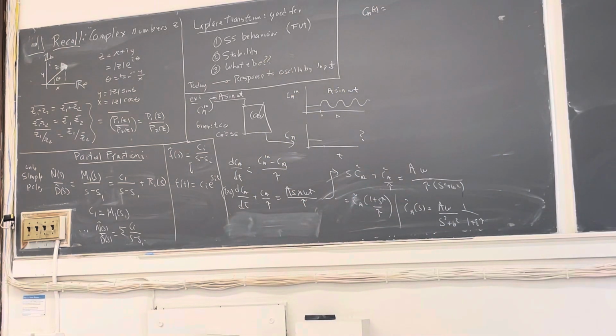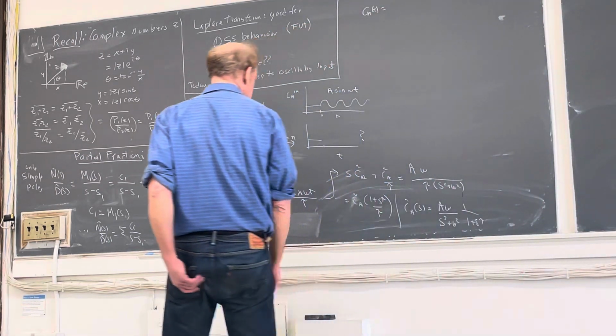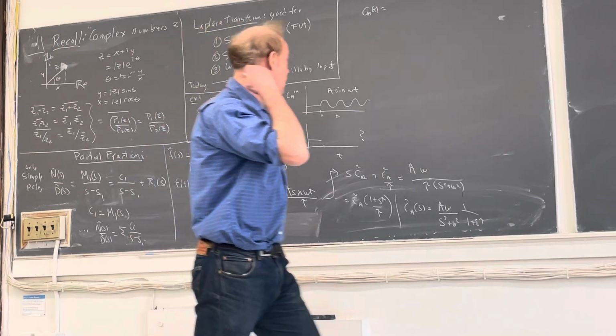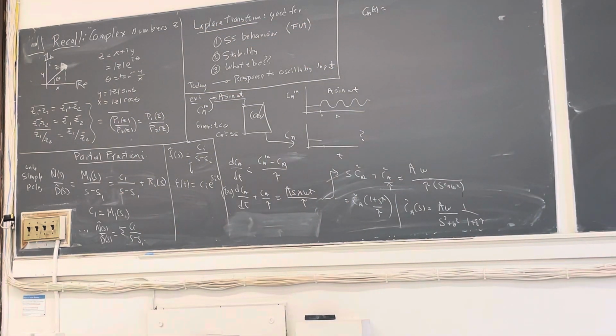So what is CA of t? Anyone want to look in the table and tell me what CA of t is? Remember, this is not a monologue. This is a conversation.